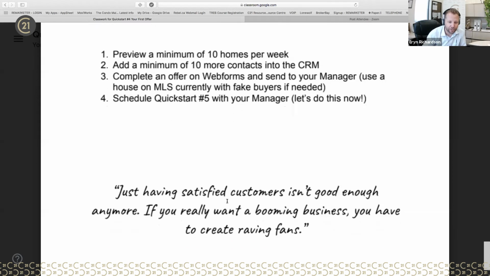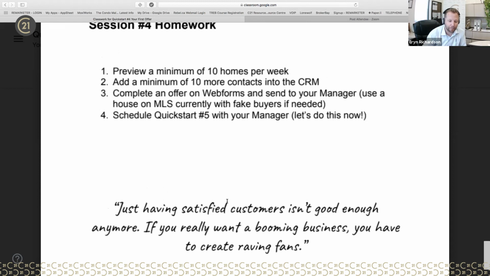And remember that just having satisfied customers isn't good enough. You really want to have a booming business. You'll have to create raving fans. And that's the truth. If you go through the buying process, have a proper presentation, put together a great offer, represent your client's interests, get them the house, they're going to be super happy, and you will get referrals.